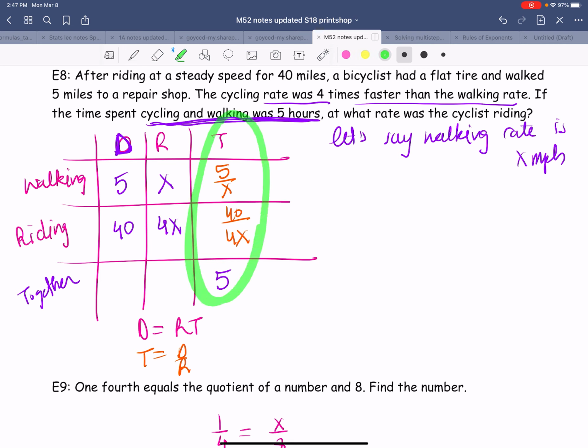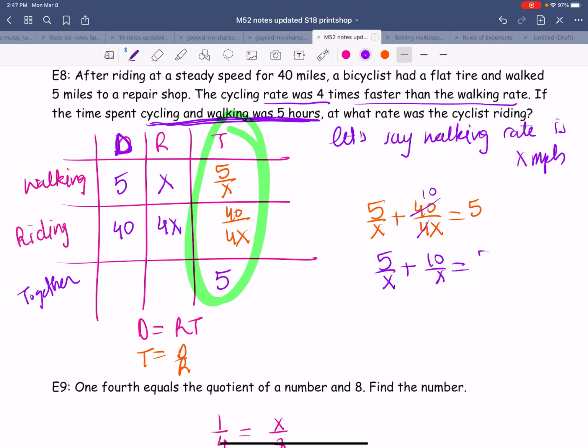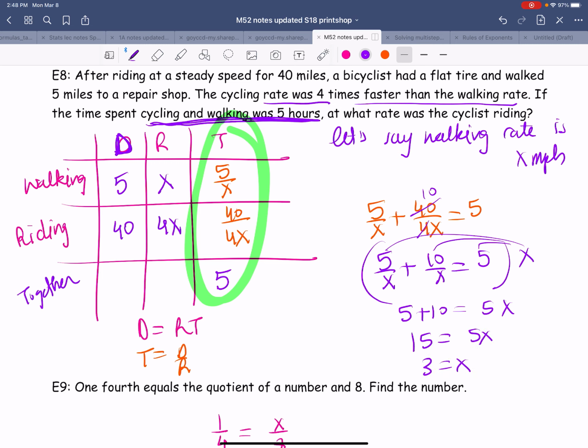And this is where my equation is. The last column is the one that gives me my rational equation. So the walking time plus the cycling time is equal to 5. I'm going to try to simplify this a little. 5 over x plus 10 over x equals 5. My LCD in this case is x. That turns out to be 5 plus 10 equals 5x. I'm going to distribute x into the entire equation. 15 equals 5x, 3 equals x.